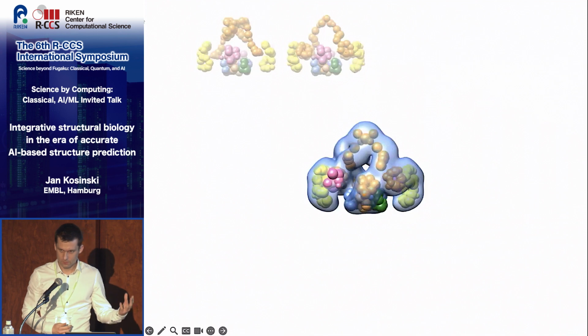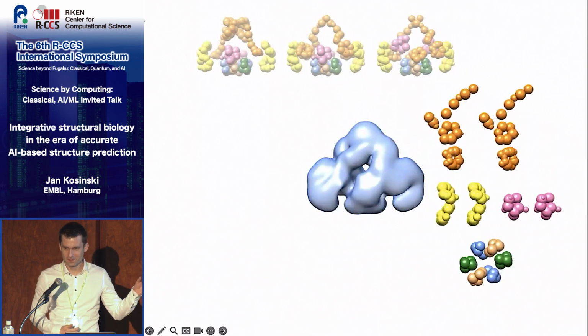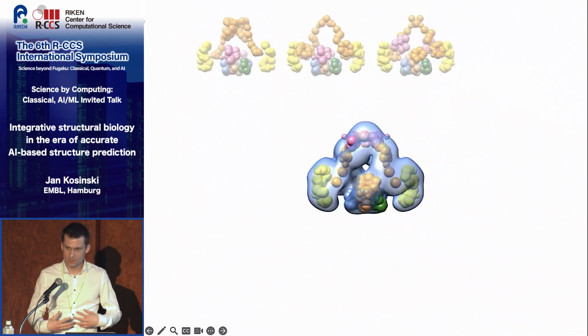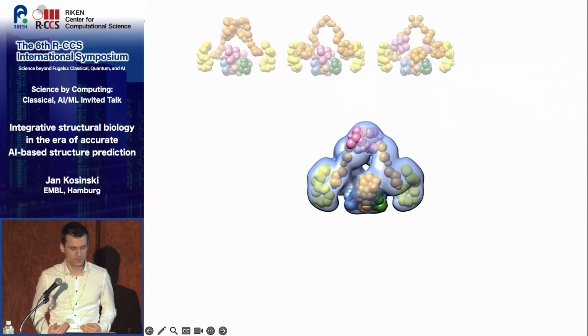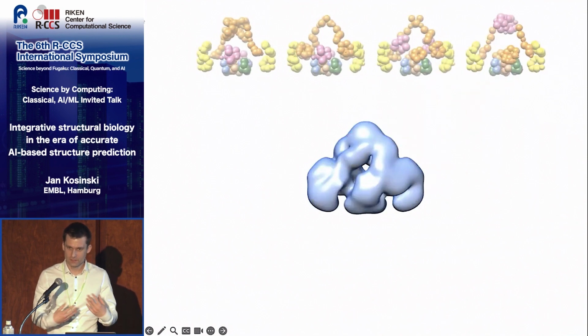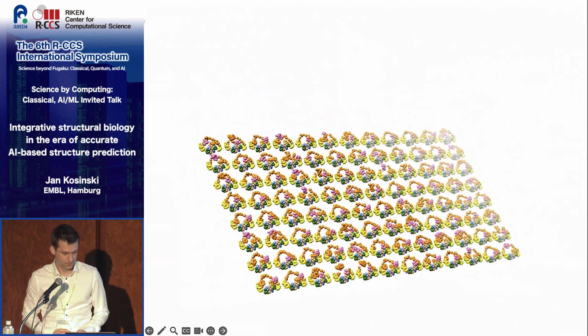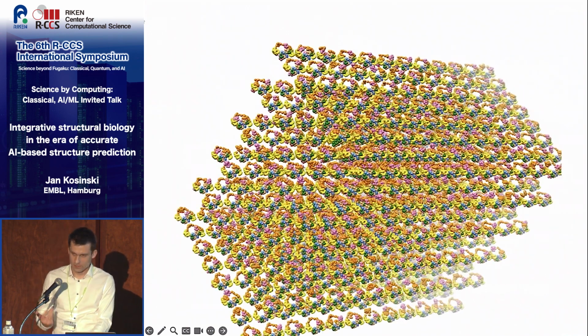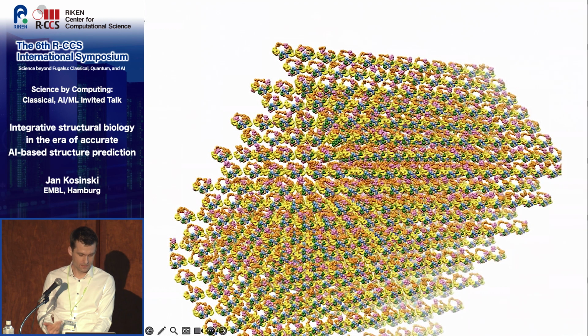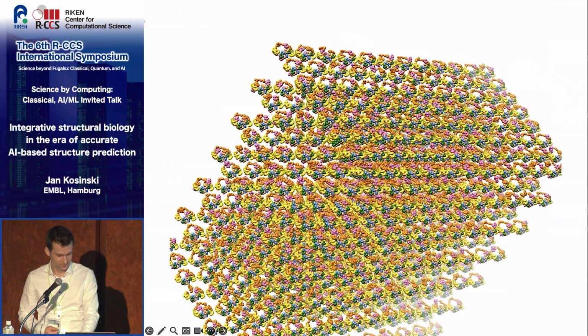And this is a Monte Carlo procedure that gets stuck in a local minimum very quickly. So usually you would run many simulations in parallel, starting from different orientations and fitting them in different order. In the end, depending on the size of the complex, you end up with many models, thousands or hundreds of thousands.